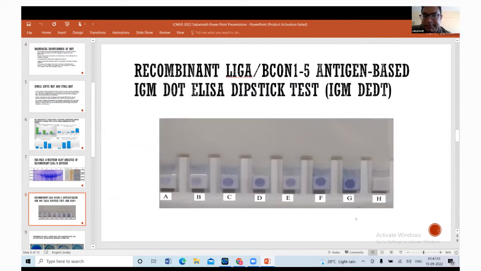Then this is the recombinant LigA-bar-B IgM dot ELISA dipstick test which we have developed in our laboratory. The blue dots represent positive. A to F are positive field serum samples, G is the positive control, and H is the negative control.